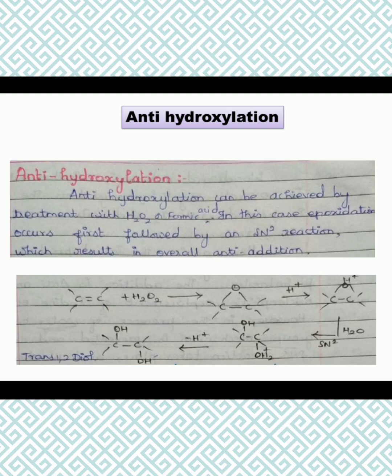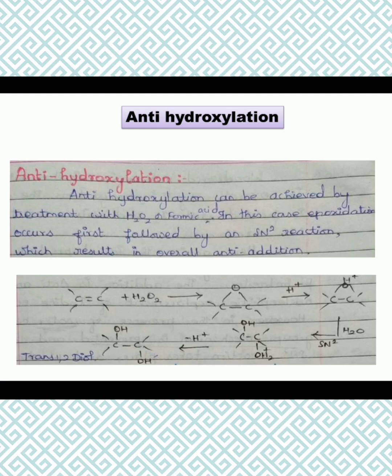When alkene reacts with hydrogen peroxide, trans hydroxylation takes place to form the product trans 1,2 diol. And in this reaction, the mechanism operates in SN2 manner.